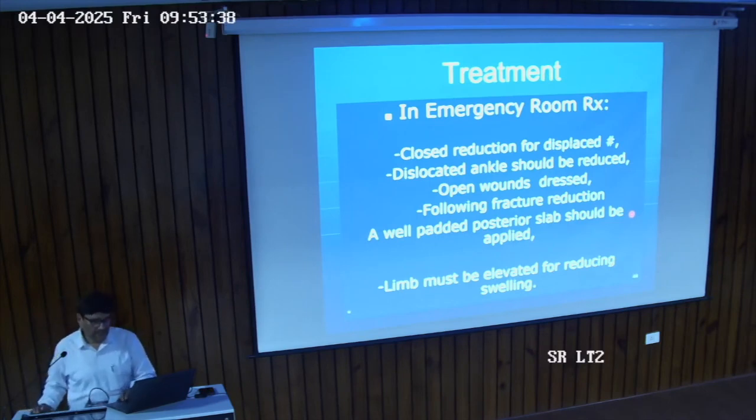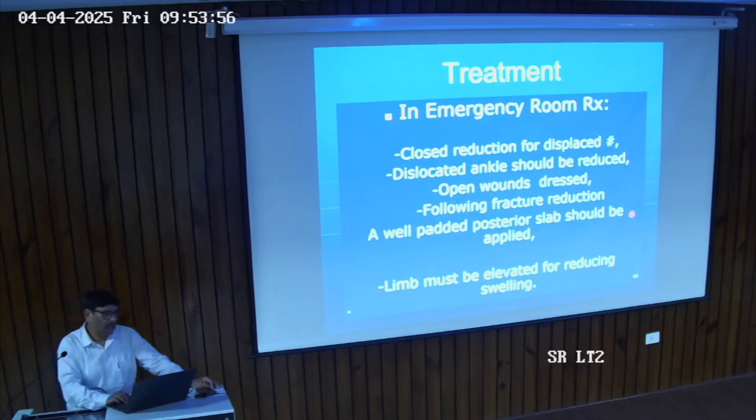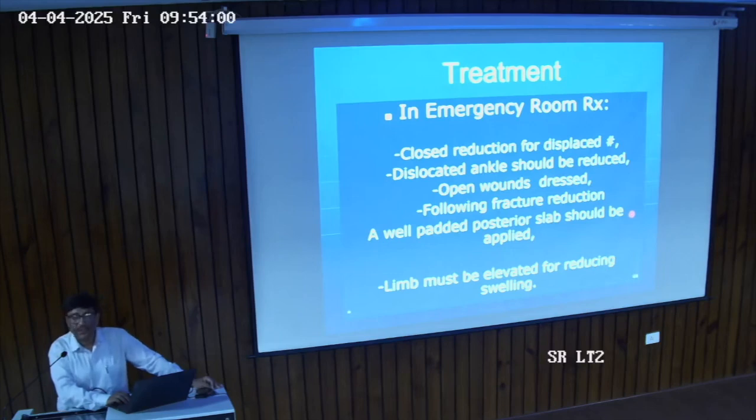So in an emergency room, if it is a grossly displaced fracture, you can easily manipulate it with your own hands and do a closed reduction. If there is dislocation, that is an emergency, reduce the dislocation. Dislocation is of the tibio-talar joint.